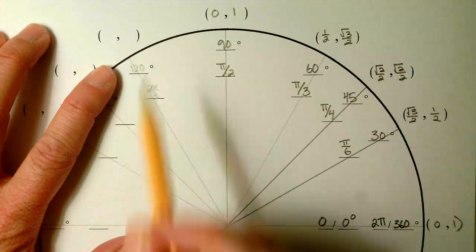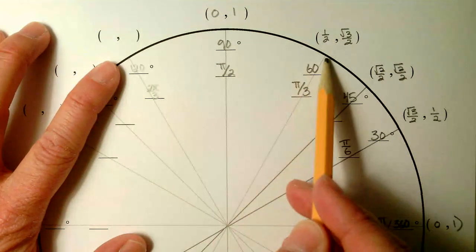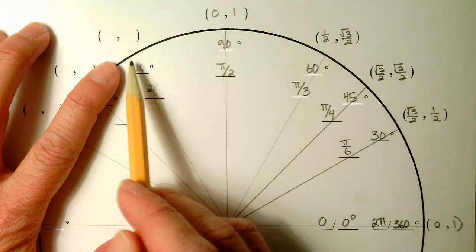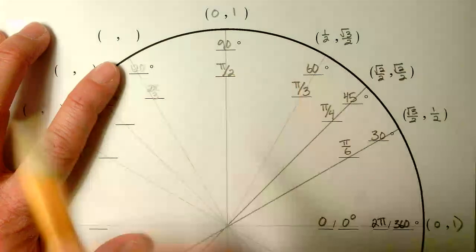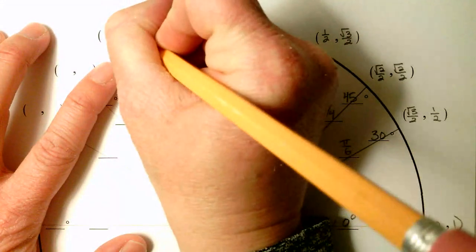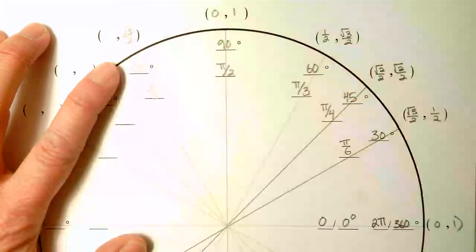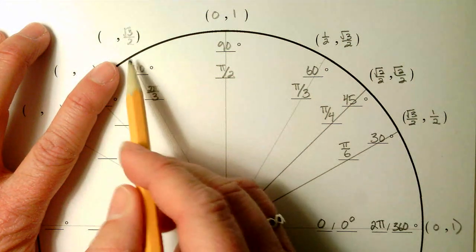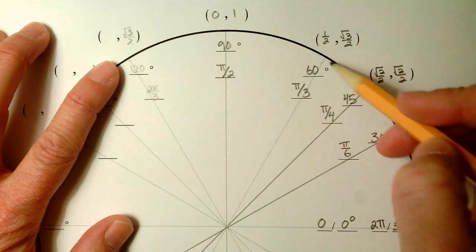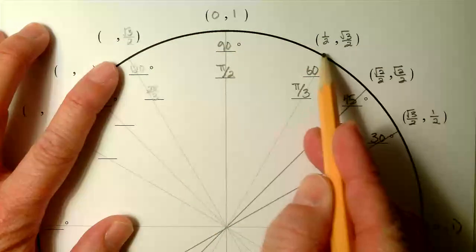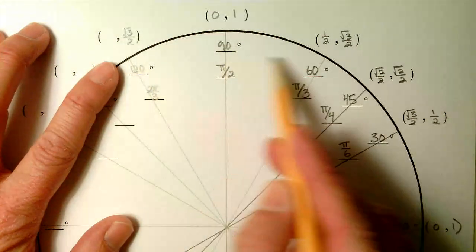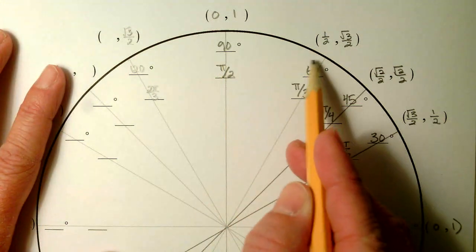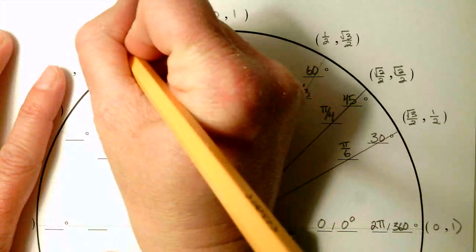But I can also see that my y height is exactly the same as 60 degrees and pi over 3. So my y height is staying the same. It's square root of 3 over 2. And if I look at my x distance, it's a reflection. So it's the same distance here, except instead of in the positive direction, it's in the negative direction.